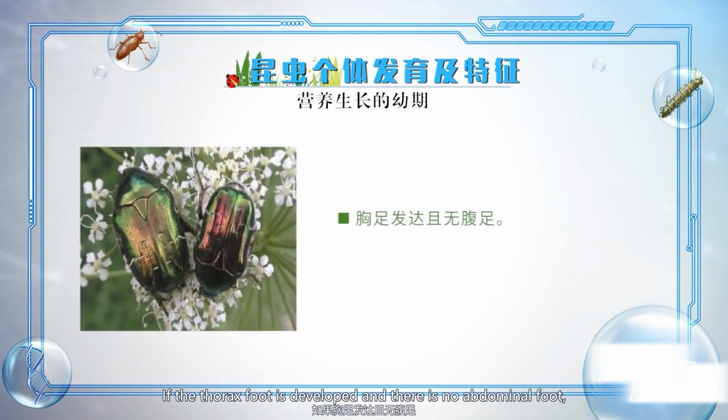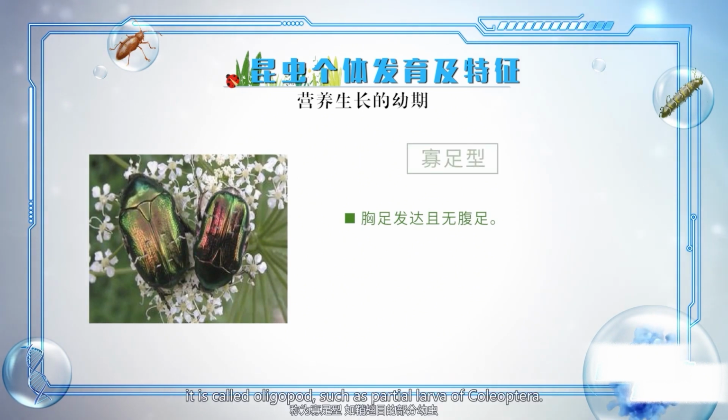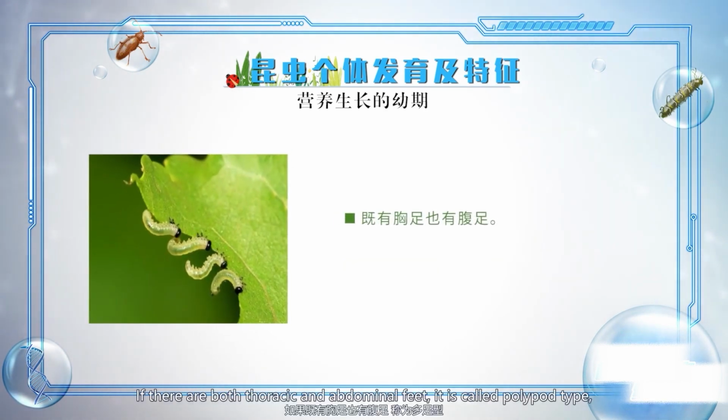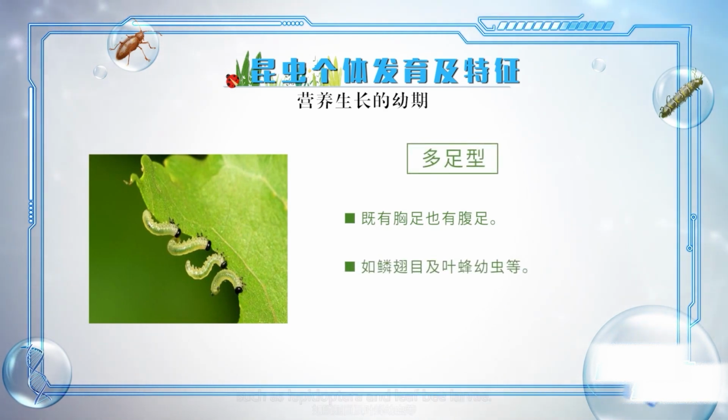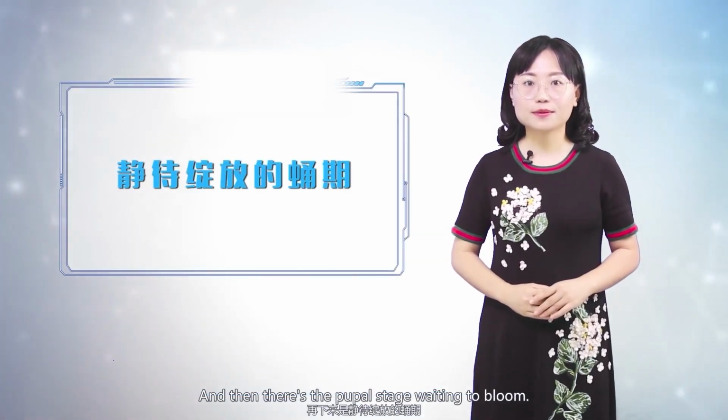If the thorax foot is developed, and there is no abdominal foot, it is called oligopod, such as some larvae of Coleoptera. If there are both thoracic and abdominal feet, it is called polypod type, such as Lepidoptera and leaf bee larvae. And then there's the pupal stage waiting to bloom.